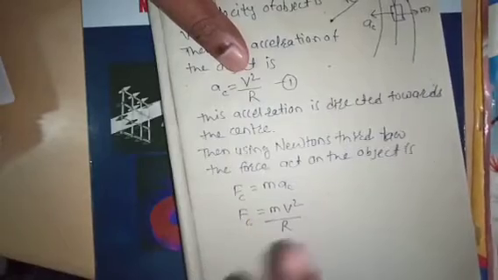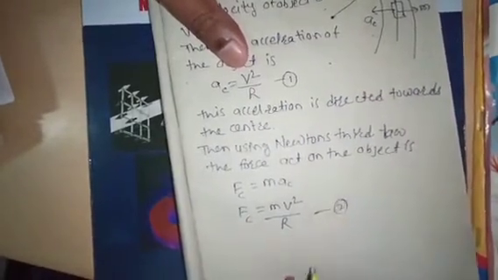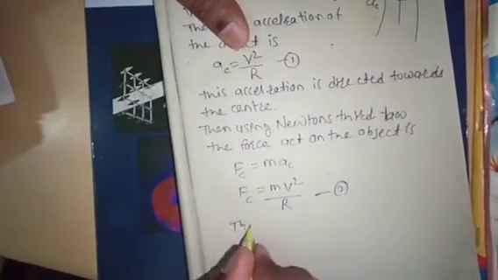Therefore, the force acting on the object is m v square by r, and this force is known as centripetal force.